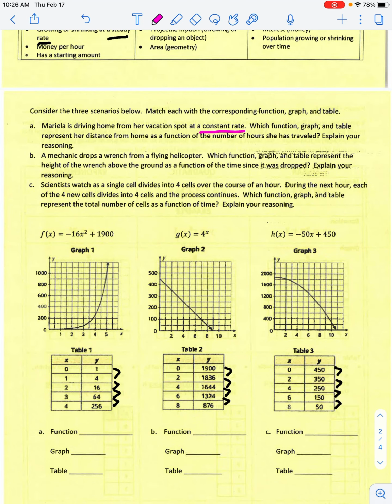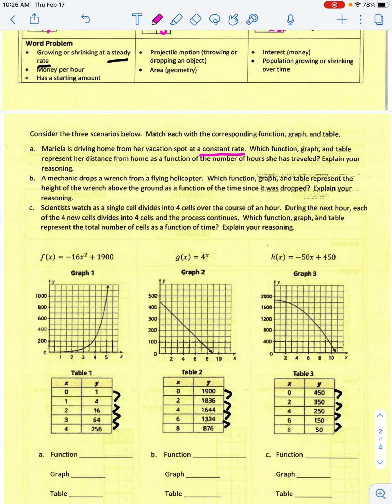And then the third model, it says scientists watch as a single cell divides into 4 cells over the course of an hour. During the next hour, each of the 4 new cells divides into 4 cells and the process continues. That's making me think exponential because it's growing by a multiple of 4, and A is making me think linear. So if I was trying to think about it, linear, quadratic, exponential. That's how I would be thinking about those models.